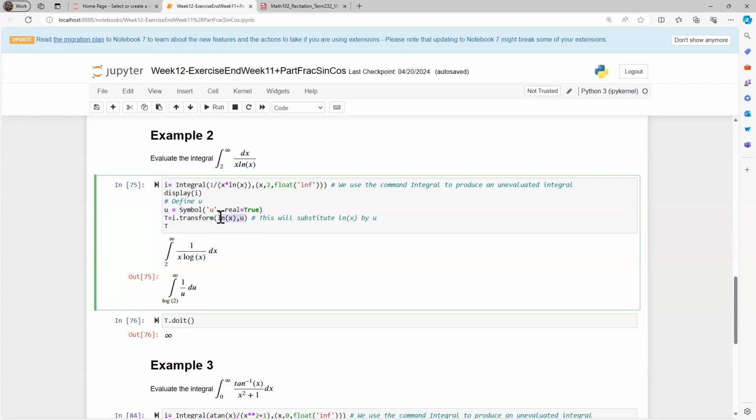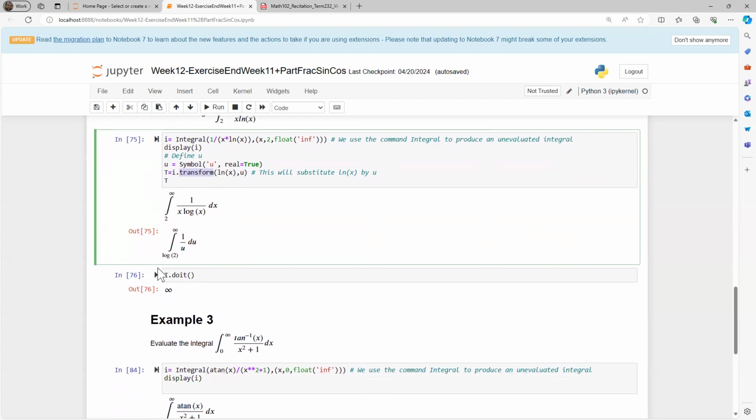We're going to use it for the substitution of ln x by using the transform command. So what was previously integral from 2 to infinity of 1 over x ln x dx becomes integral from ln of 2 to infinity of 1 over u du. So t that do it, we got infinity.